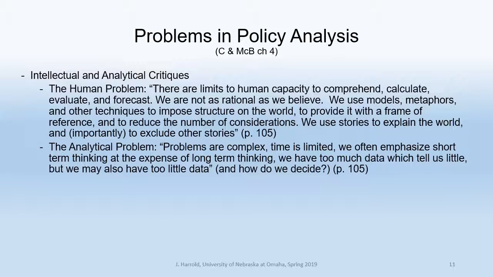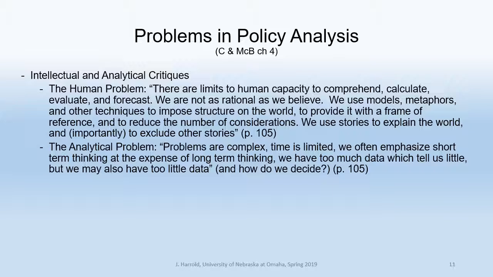So, what are some of the problems we have, given that we have different criteria for analyzing policy? A lot of these are also in the Clemens and Macbeth text in chapter 4, which I'm not having you read, so I'll just go through these really quickly. The first problem is intellectual and analytical critiques. First we have the human problem.